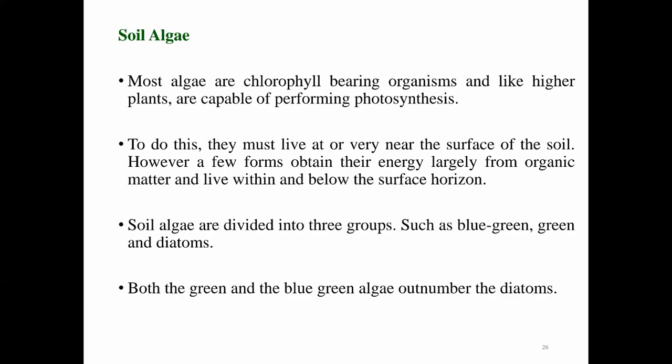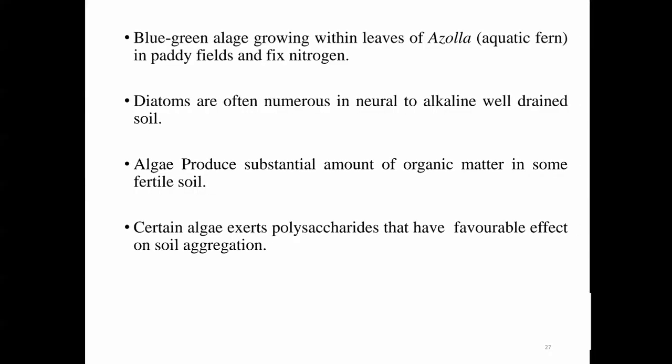We know the horizons A, B, C, D. There are several horizons, and in that horizon it should live. And we can divide the algae into three main groups: blue-green, green, and the diatoms. The blue-green and the green are fewer in number than the diatoms. The diatom has the highest number among these.